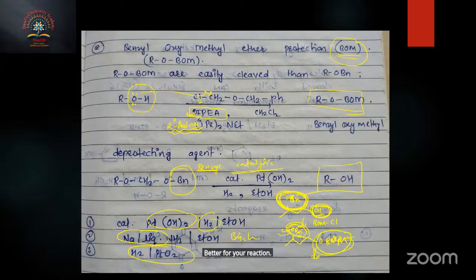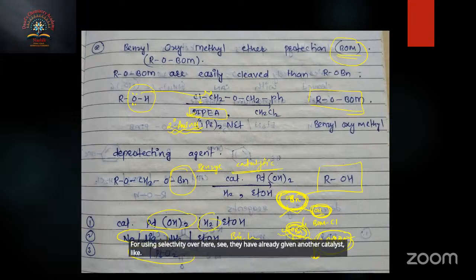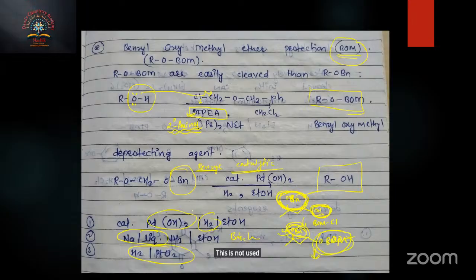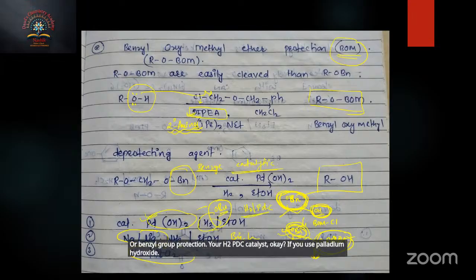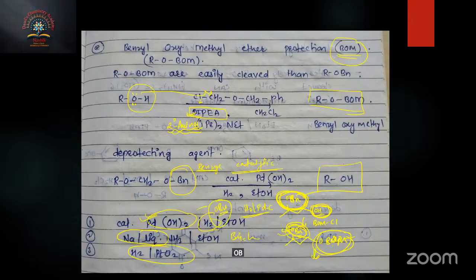So BOM and OBn. For using selectivity over here, see, they have already given another catalyst, like this is not used for OBn protection. For benzyl group protection, you have H2, Pd/C catalyst. Okay. And if you use palladium hydroxide, you can deprotect OBOM, benzyloxymethyl.